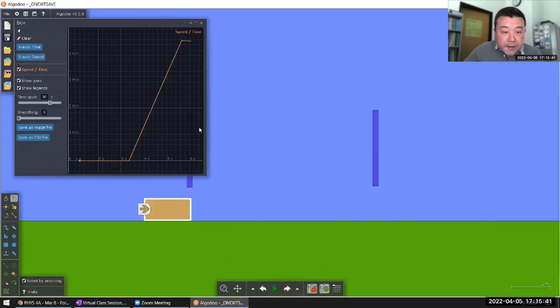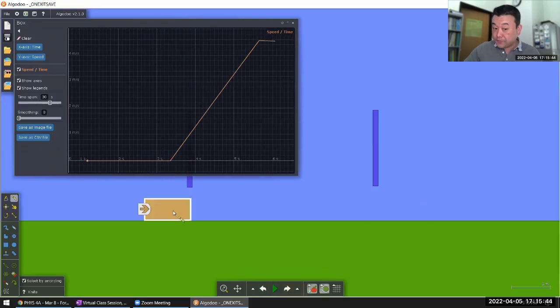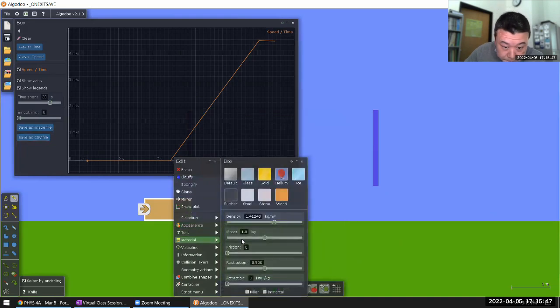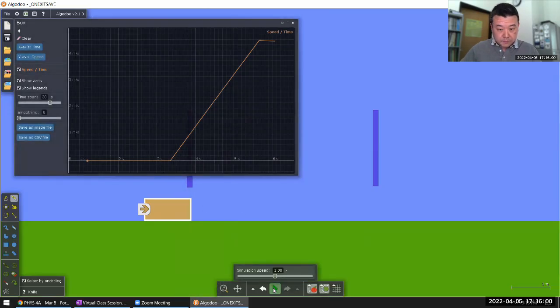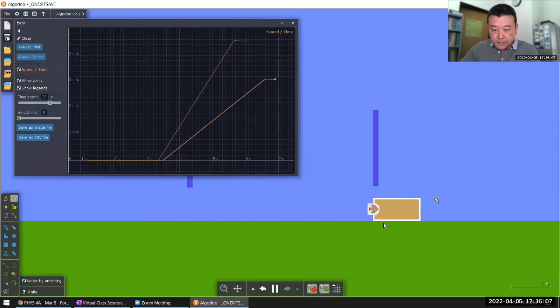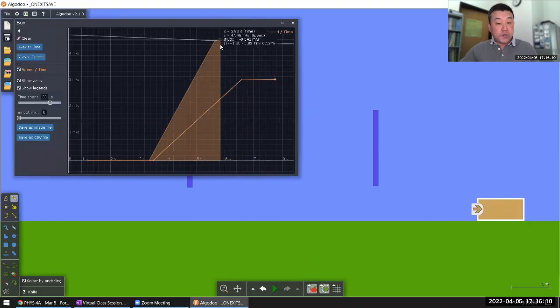And let me go back, and I'm going to make the mass now heavier and do the same experiment. Let me restart this. The question might ask, which of the two blocks have greater kinetic energy, or do they have the same kinetic energy? And the answer is they have the same kinetic energy.